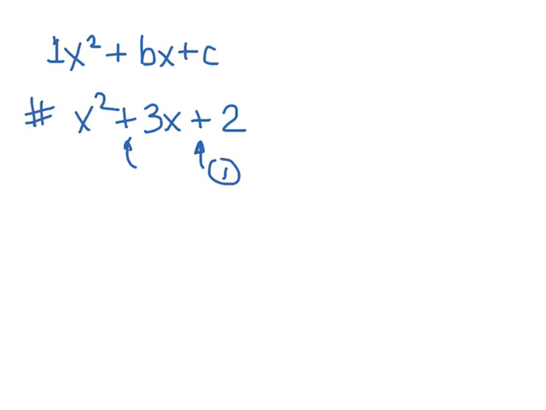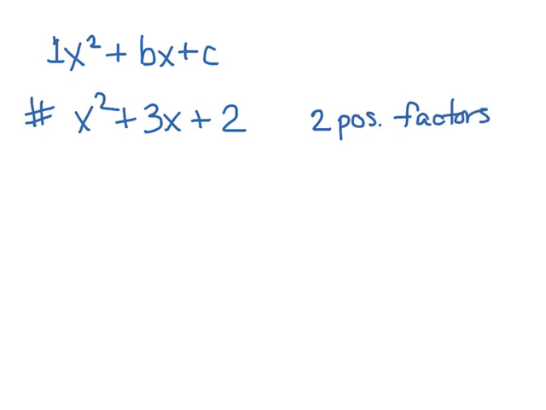So if the second sign is positive, both factors are positive. And if this sign here is negative, then both factors are negative. But that's only if the constant's sign is positive. Okay, because 2 is positive and 3 is positive, we know we have 2 positive factors.